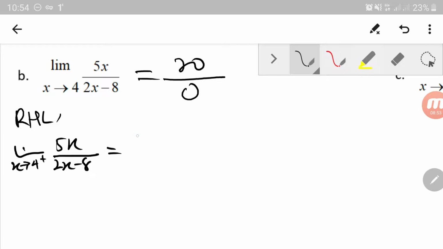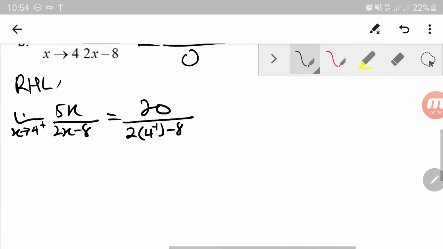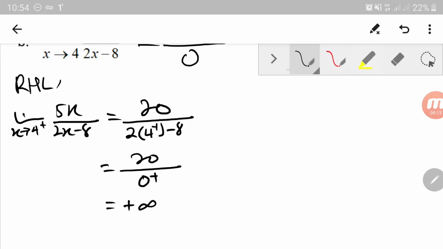Directly substituting, we get 20 over 2 times 4 from the right minus 8. So what we have is 0 from the right, therefore we have positive infinity.